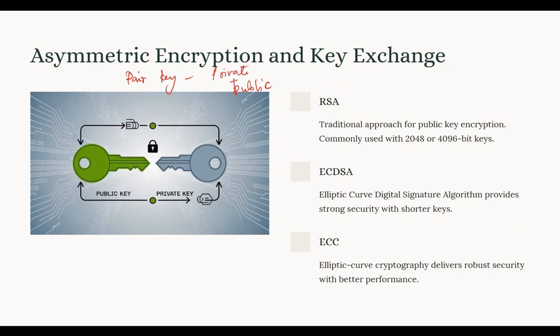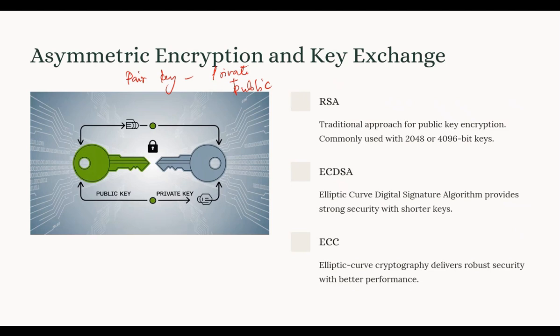One key is used for encryption, the other for decryption. The public key is used to do the encryption and is given to everyone, whereas the private key is kept private and is only used for decryption by the party who has it, who can then decrypt and read that data.